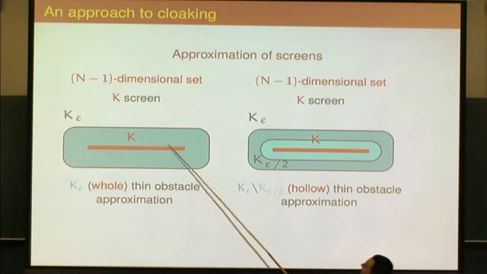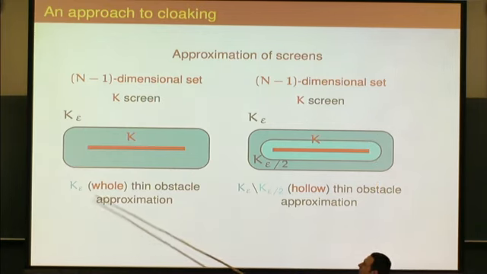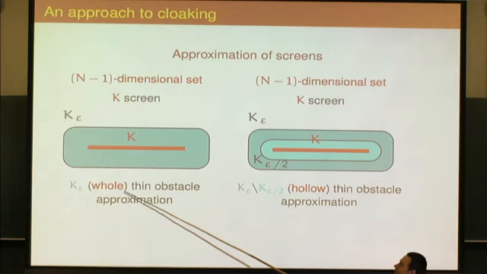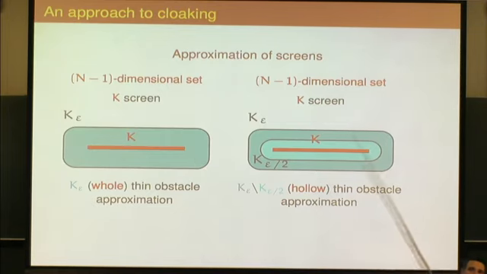And of course, you take this K epsilon as a whole thin obstacle. But since this is an impenetrable obstacle, you can think that you obtain the same result by taking a hole in here. So you have the same result if you take a hollow thin obstacle, and you can approximate that. And clearly, in this hole, which is this lighter color region, you could put anything, and that would be perfectly cloaked. Okay, this is clearly cheating a little bit, but this is the main idea.